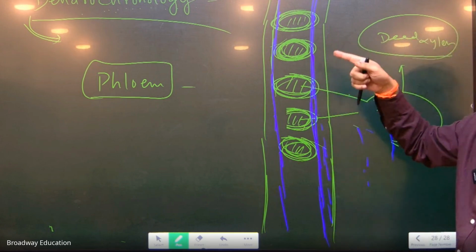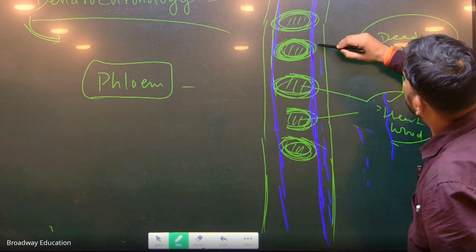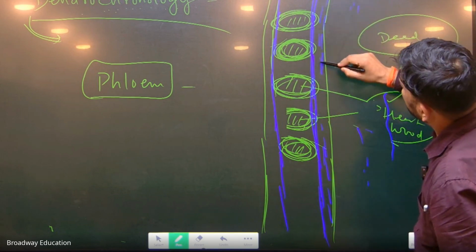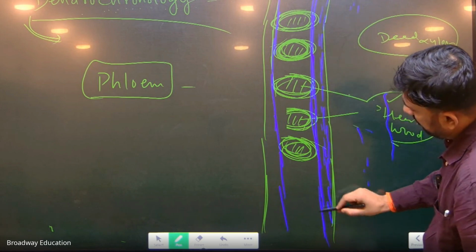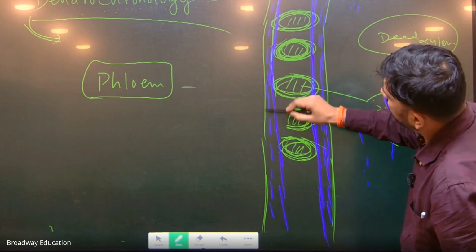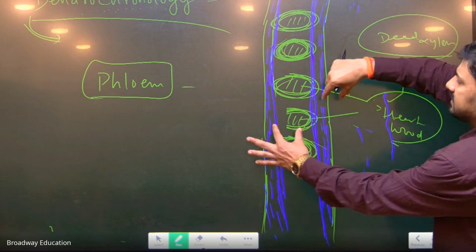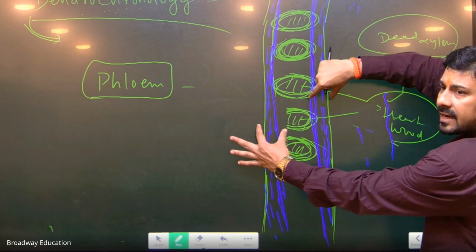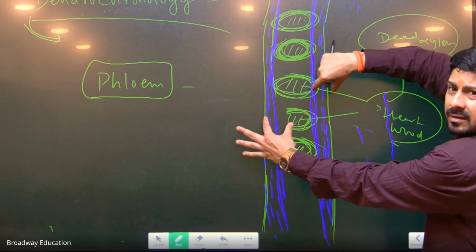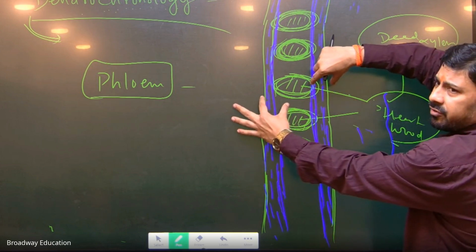Are you understanding the diagram? Yes, no? These vessels are basically the phloem vessels. Getting my point? Everyone? Yes, no? These vessels are the phloem.